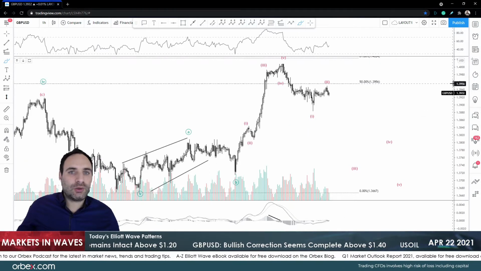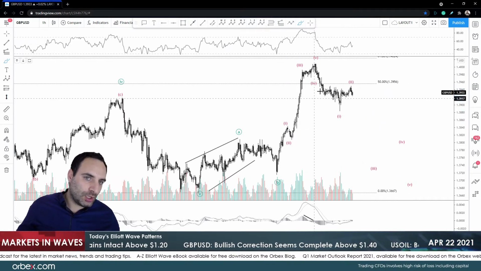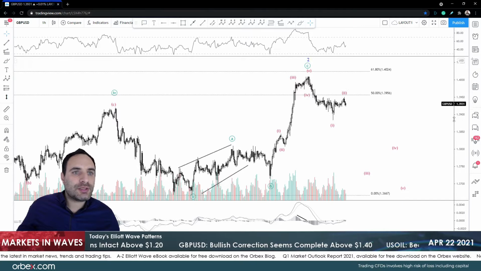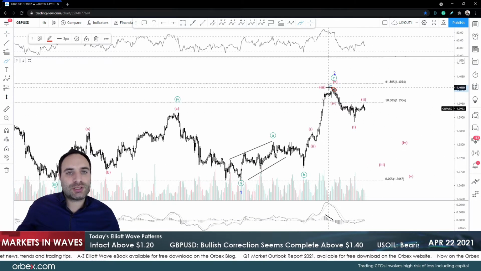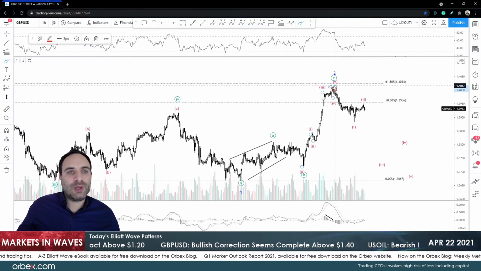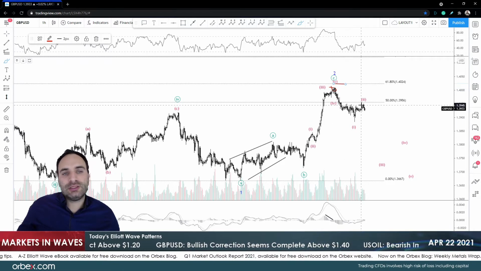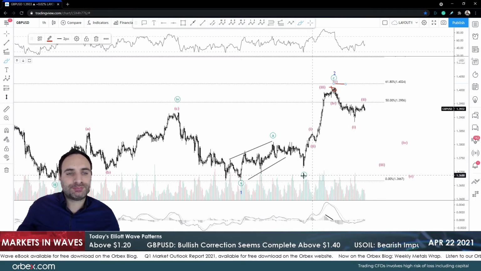Now, a quick look at pound. Pound seems to have finished the correction just a few pips before reaching the target that we had set at 140.24, the 61.8 Fibonacci of wave 1, minor 1.